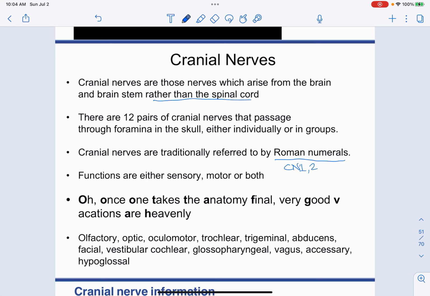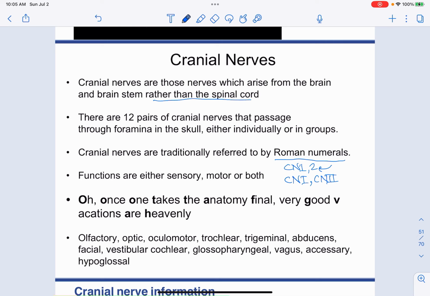You can't do that. They're actually numbered with Roman numerals, and I have that outlined on the slides. So again, you may need to review your Roman numerals, but that is the standard nomenclature. It would be marked wrong if you used regular numbers, okay?